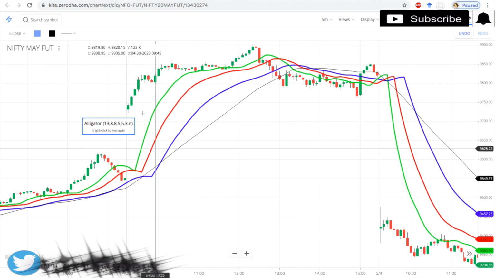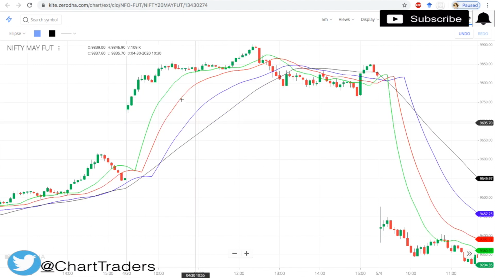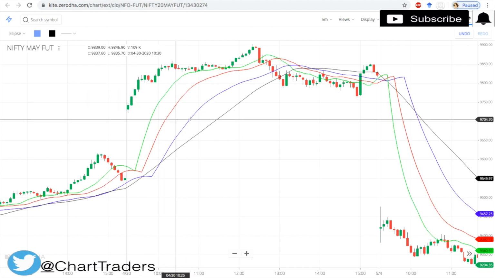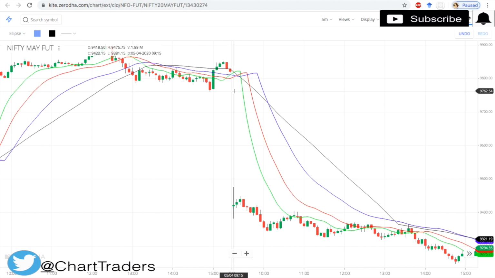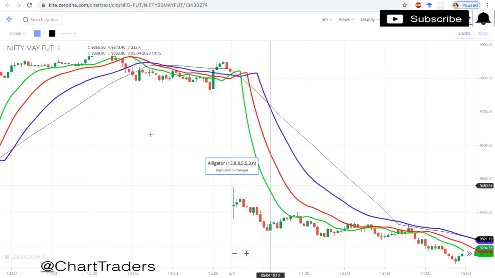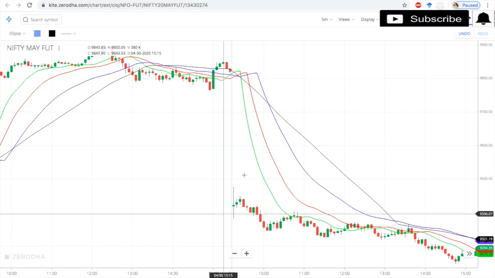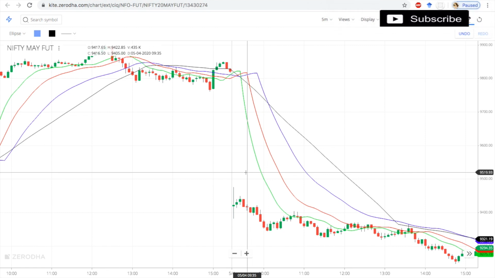So when the price is above the moving average, I will take only buy entries. When the price is below the 50-day moving average, then I will take only sell entries. So with the help of the alligator indicator and the 50-day moving average, you can take buy and sell, and with the help of ATR you can keep a stop loss.